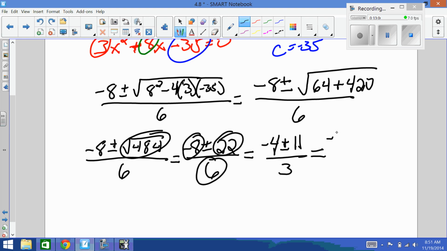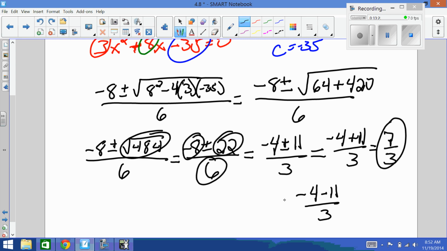So I'm going to do negative 4 plus 11 divided by 3, and I'm going to do negative 4 minus 11 divided by 3. So here we go. Negative 4 plus 11 is 7 thirds. So there's one answer. Negative 15 divided by 3 is negative 5. So there's my 2 answers.